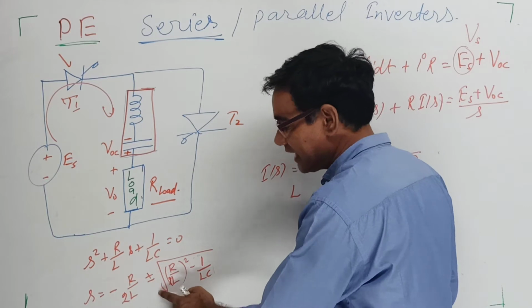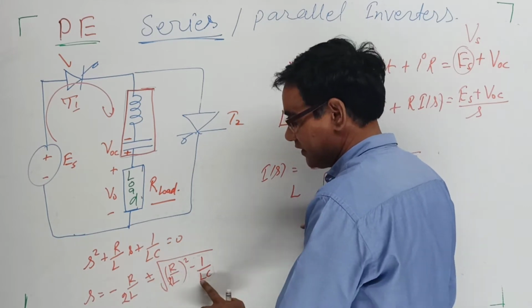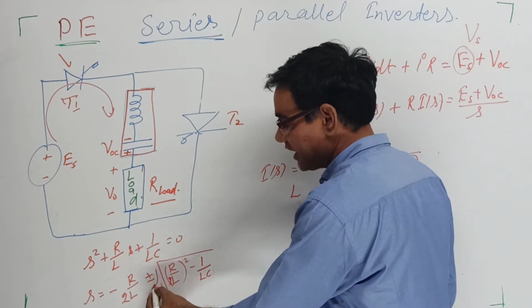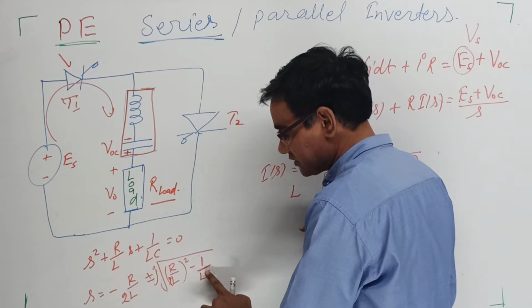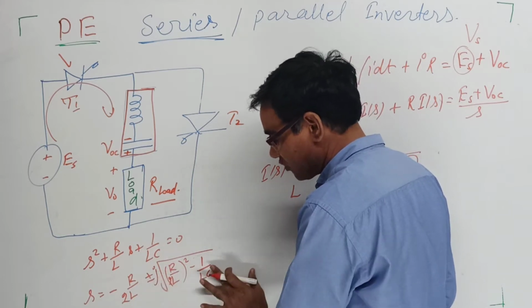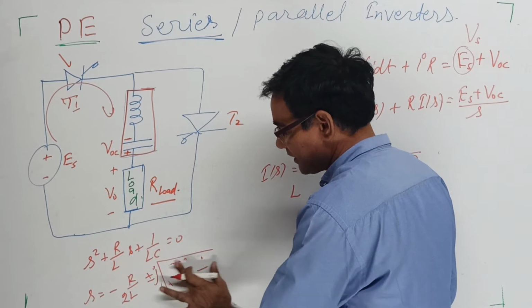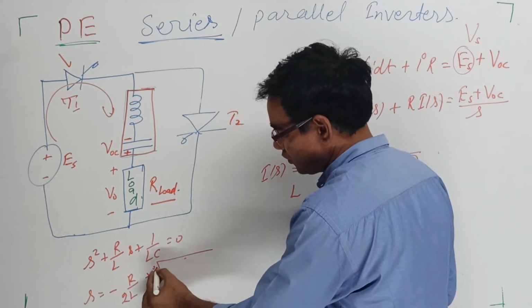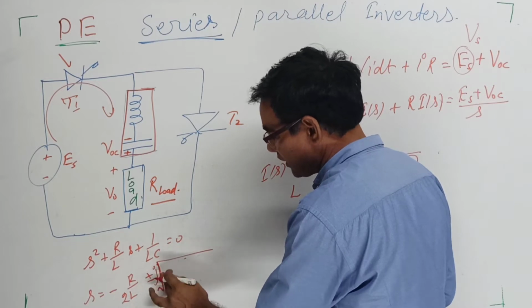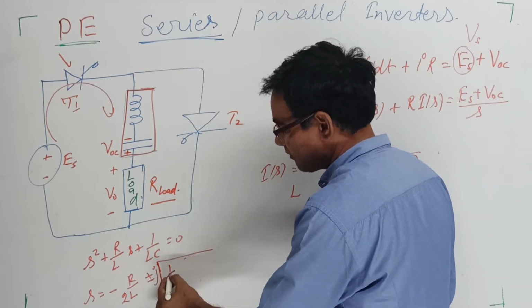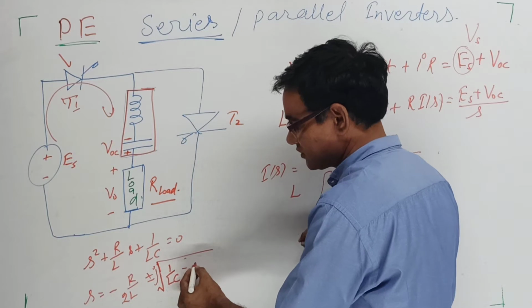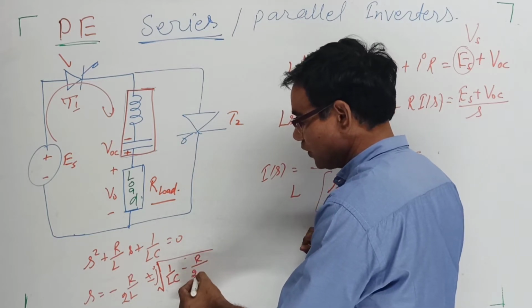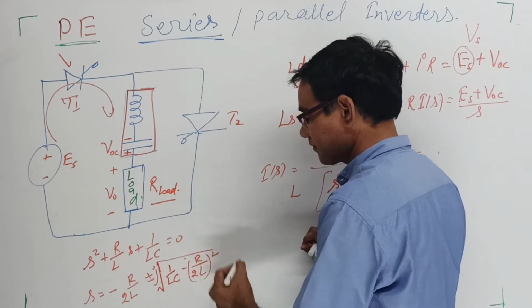So when it gives the negative sign, the j comes outside and the minus sign is taken as the common factor. So this is converted into, or written like, square root of 1 upon LC minus R upon 2L whole square.